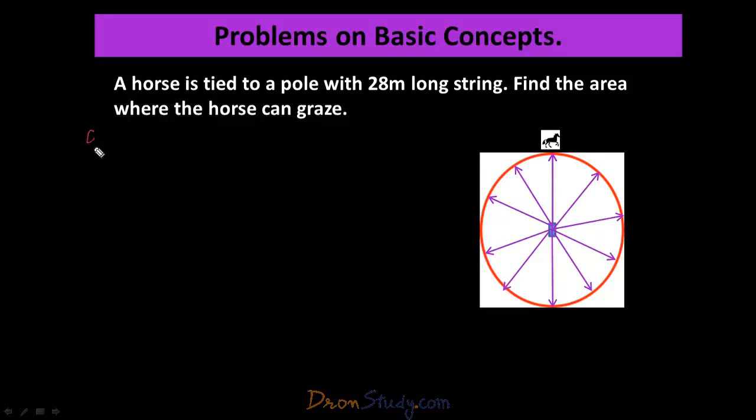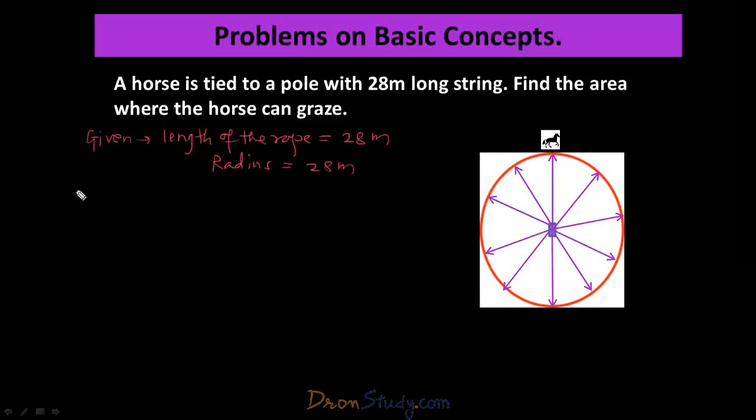So here given things are: given length of the rope is equal to 28 meter. It means radius is equal to 28 meter.